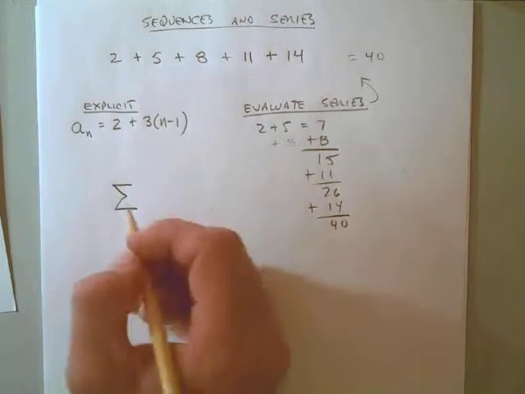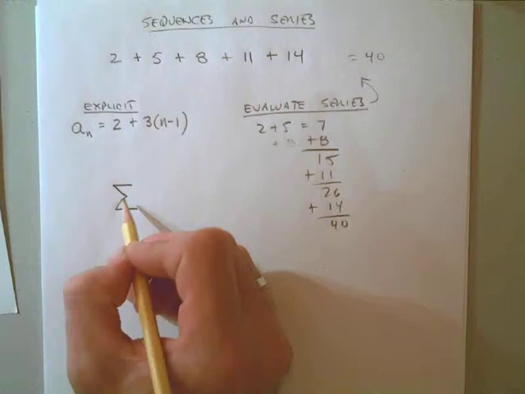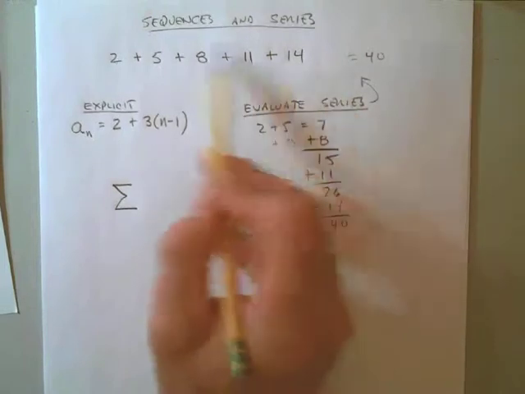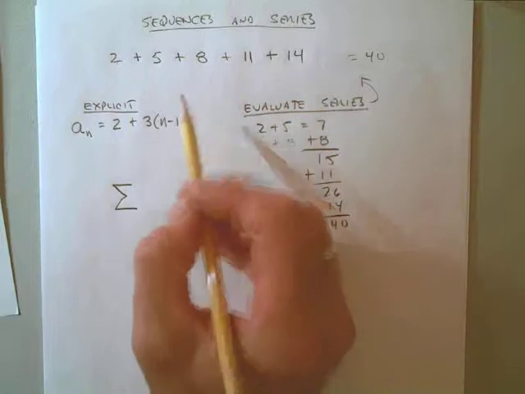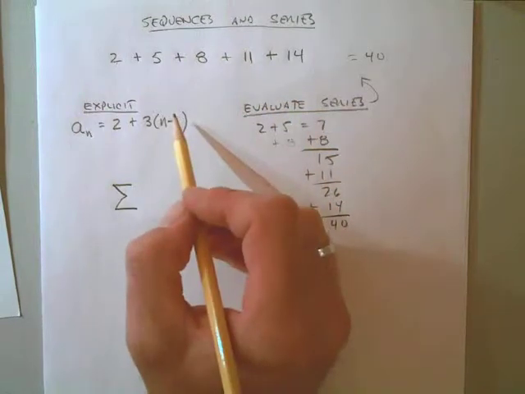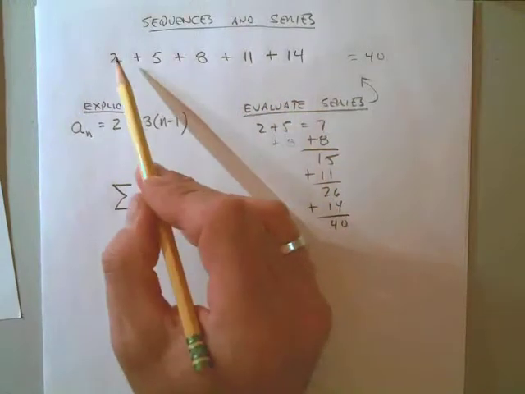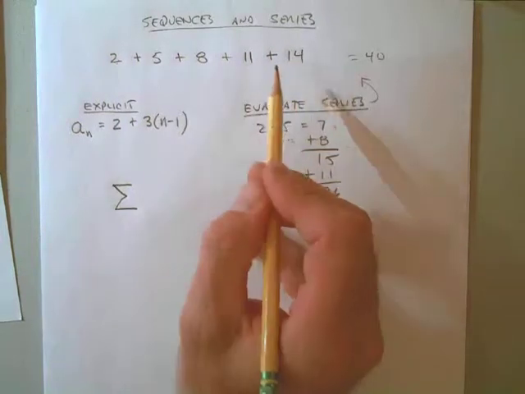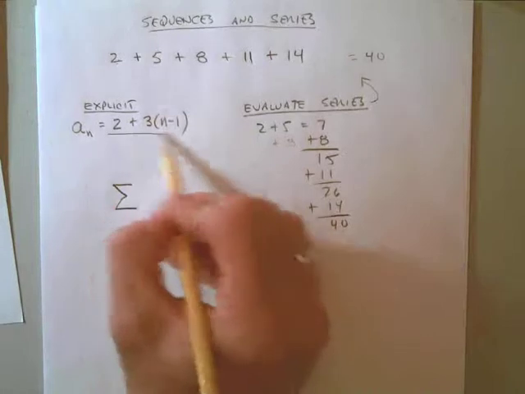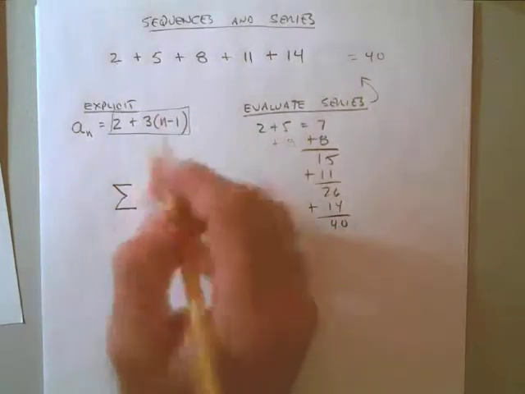And so what we would do is we would say we want to sum this series of numbers. Well, what is the equation that represents this sequence of numbers that we want to add up? Well, that's this explicit formula.